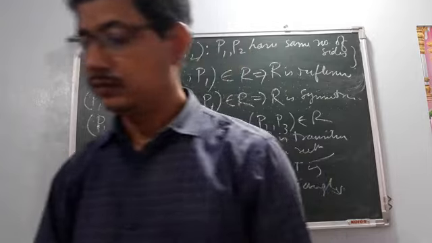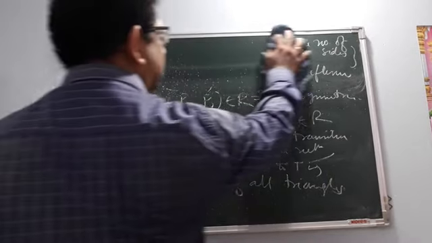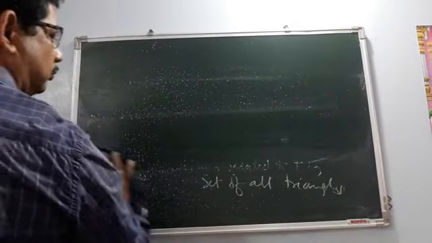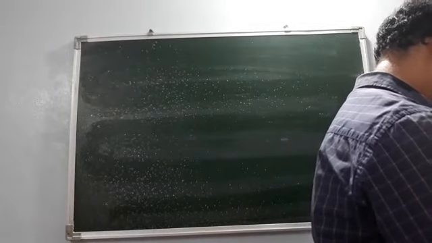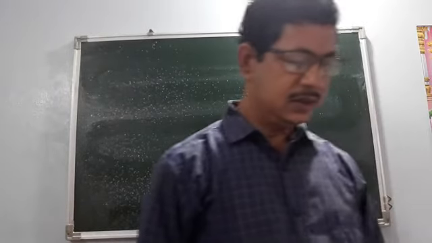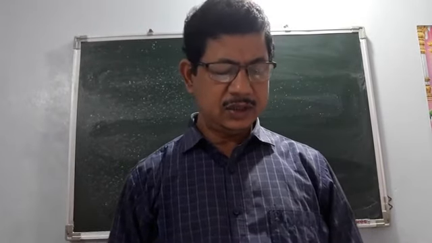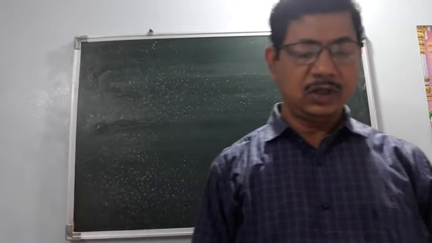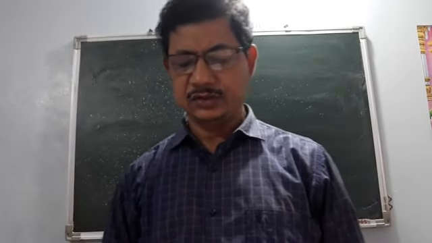Now question number 14. 14 is what? Let L be the set of all lines in the xy plane and R be the relation in L defined as R equal to {(L1, L2): L1 is parallel to L2}, show that R is an equivalence relation.